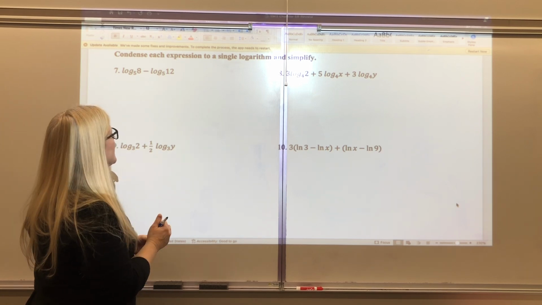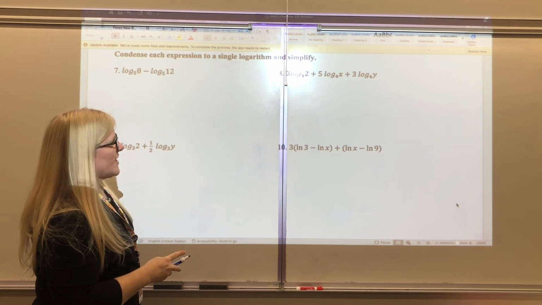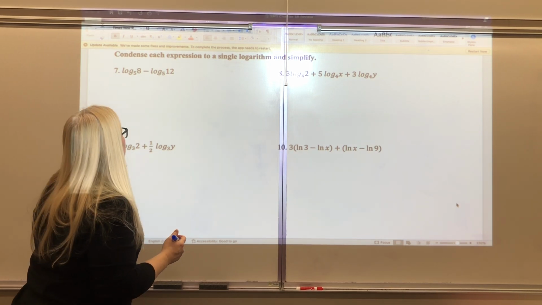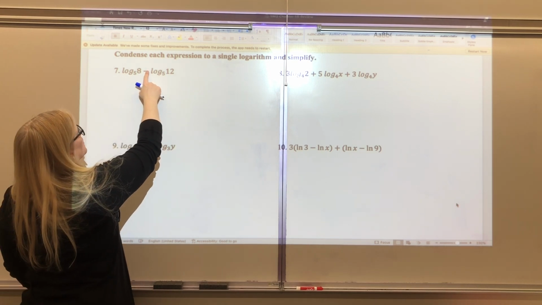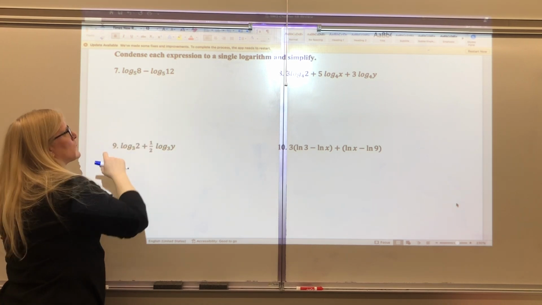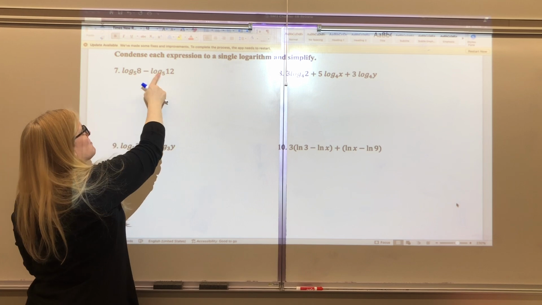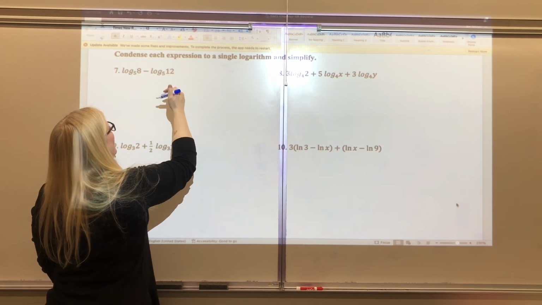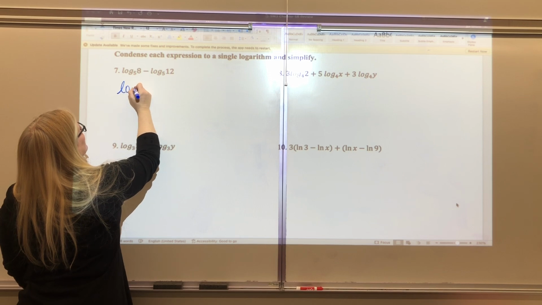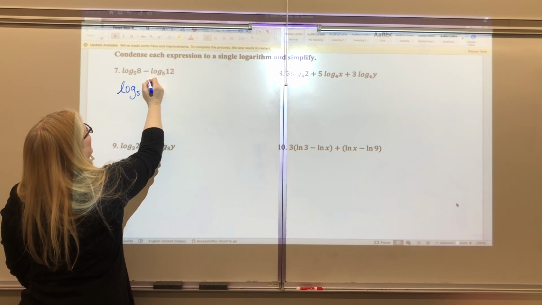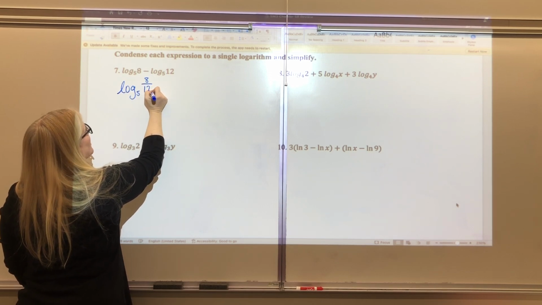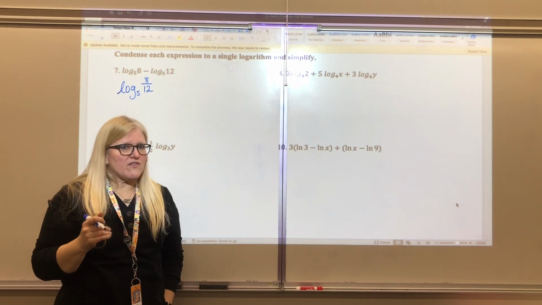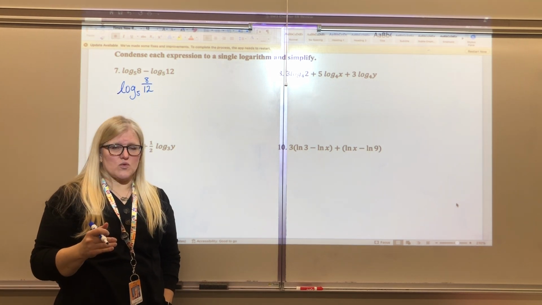Okay, this first one doesn't have any, but the next few do. So, okay, so let's look at this first one. We have a minus, and when we're subtracting logs with the same base, these parts here divide. So we have log base 5 of 8 divided by 12. Not log base 5 of 8 divided by log base 5 of 12.